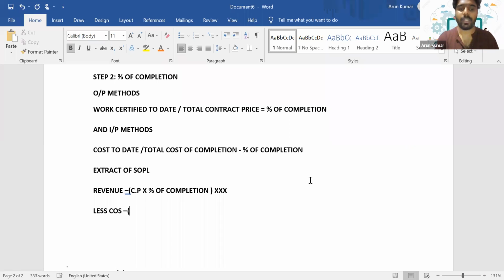The cost of sales will be total cost multiplied by the percentage of completion. The total cost will include the cost to date and whatever cost is left to complete, yet to incur. That's how we'll calculate the cost of sales. Then you will get the gross profit.